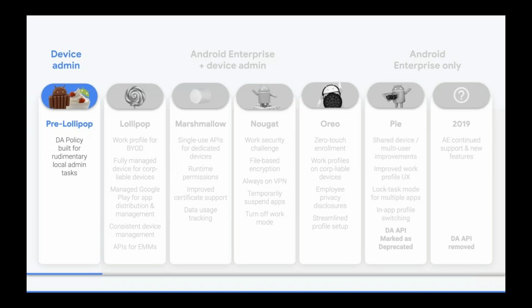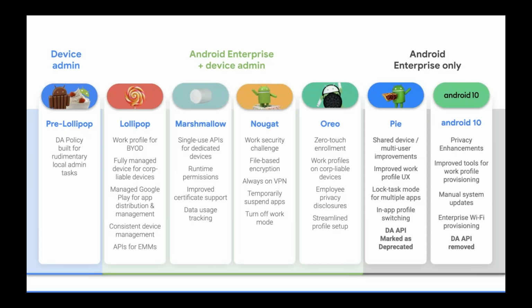But from a Google perspective, it wasn't really meant to be a full-on management stack, if you will. But for lack of better APIs available, our partners such as Citrix built into those device administrator APIs to provide customers like yourselves the capability to manage their Android devices.